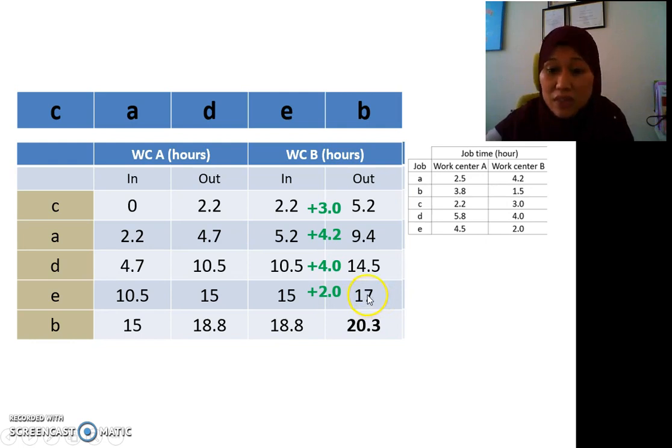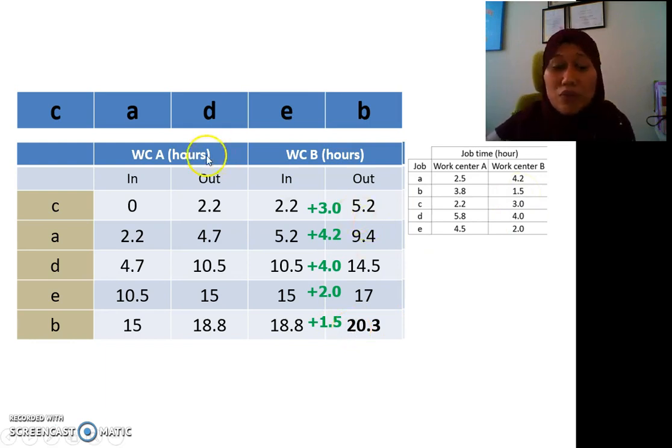Even though it finishes at 17, job B only comes into workstation B at 18.8, so workstation B is idle again, waiting for job B. It only starts at 18.8, and B's time at workstation B is 1.5, so we get 20.3.